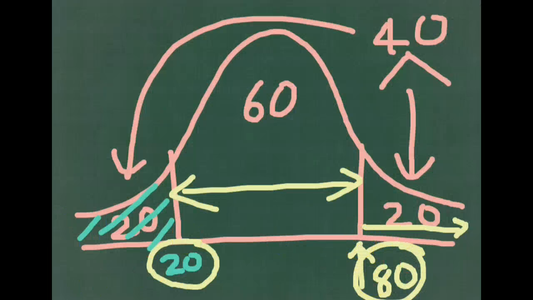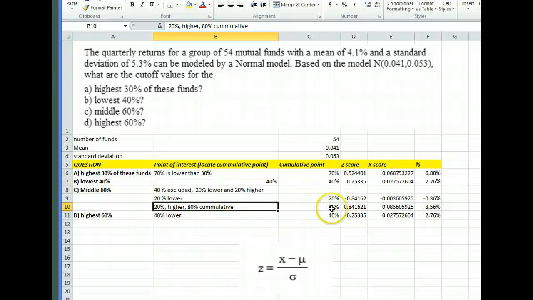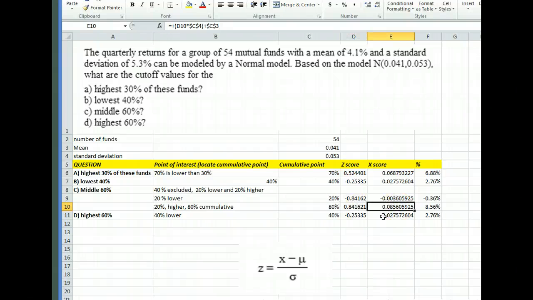Then that translates to 80%, put it in this formula here, translate it back to x, I get a return of 8.56%. So the two cutoff values to give me the middle 60% are minus 0.36 and 8.56.